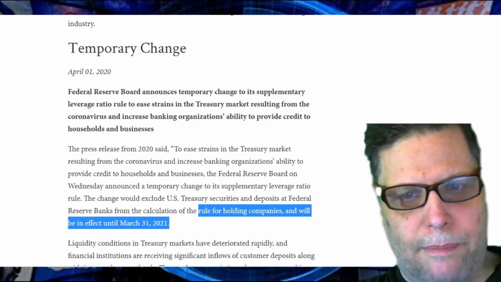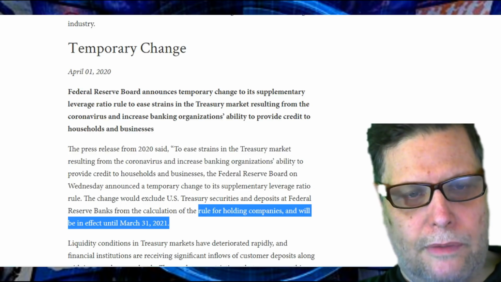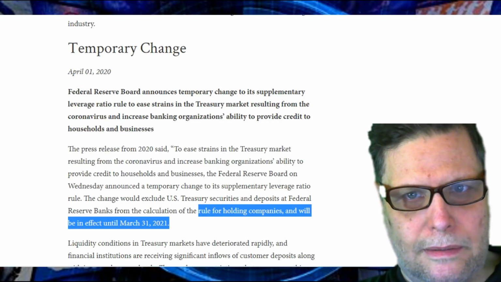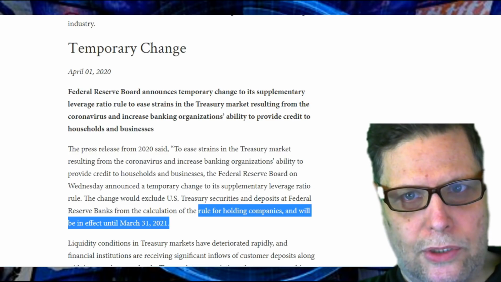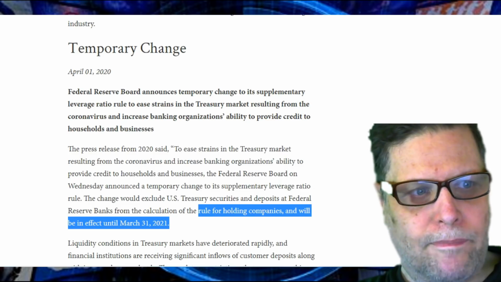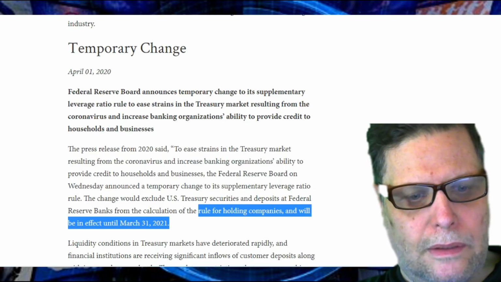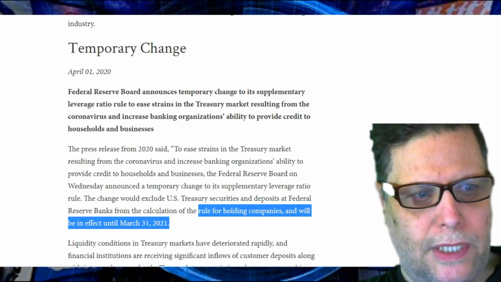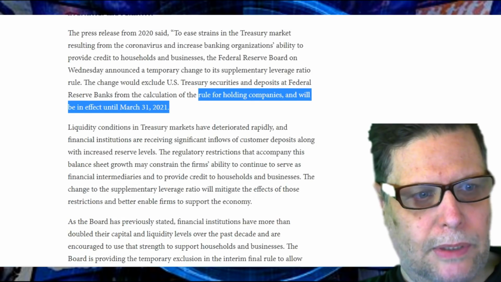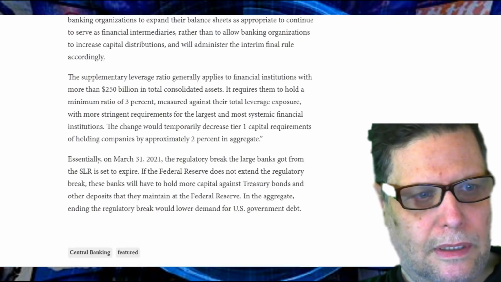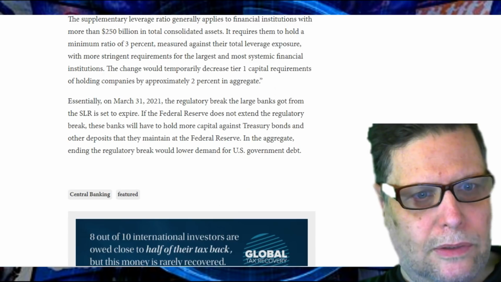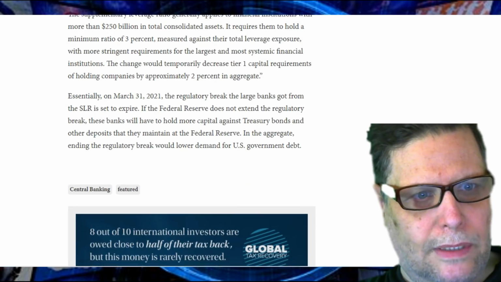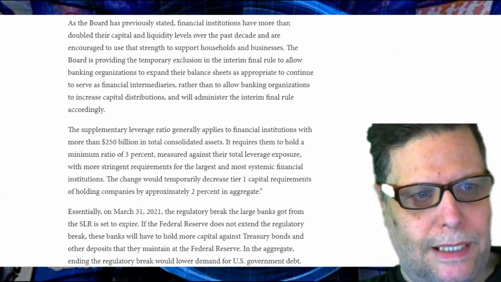And then it's going to be up to the Federal Reserve whether they want to extend this policy change or not. If they don't extend it, and there's several Democratic senators who don't want them to keep this policy in place.